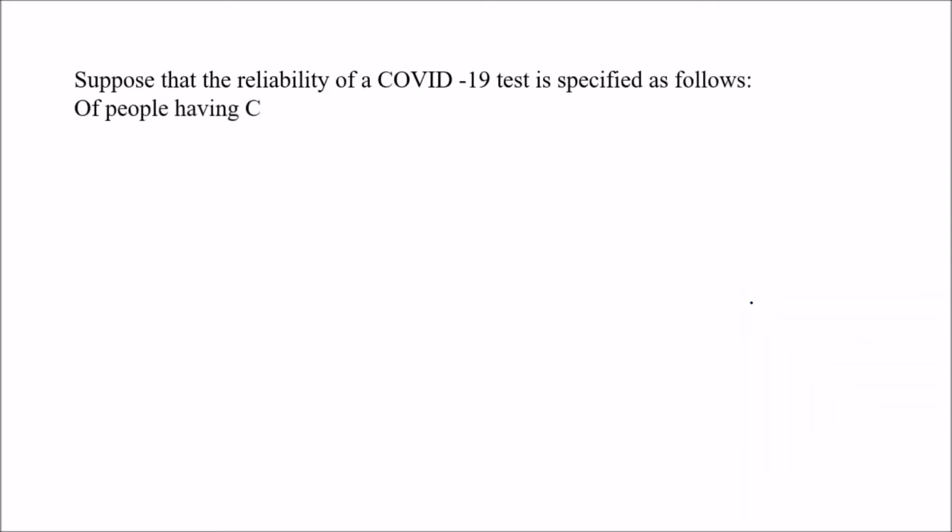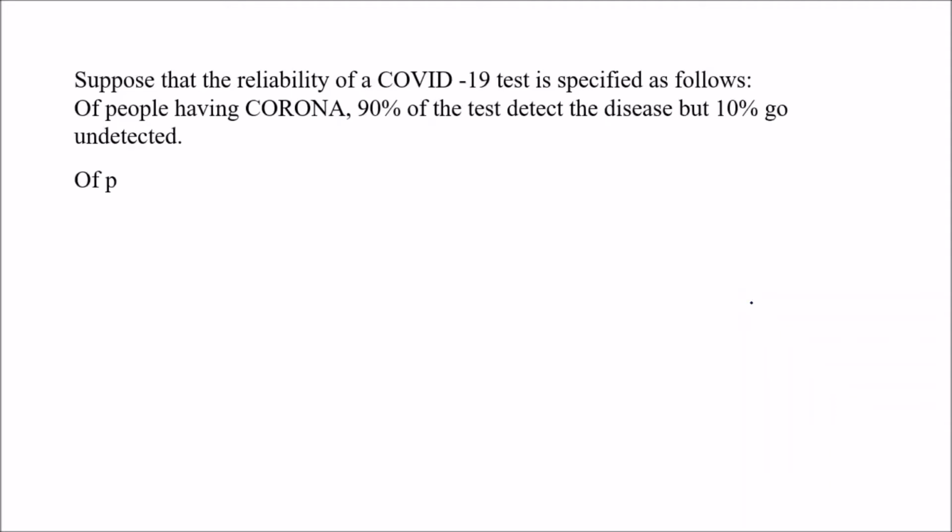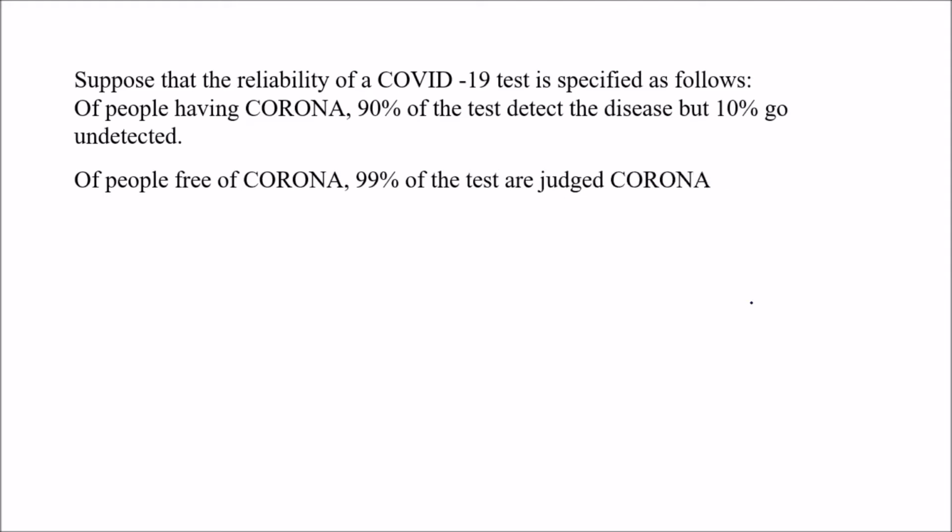Let me say again what the problem was. Suppose that the reliability of the COVID-19 test is specified as follows: of people having coronavirus, 90% of the tests detect the disease but 10% go undetected. Of people free of corona, 99% of tests are judged corona negative, whereas 1% are diagnosed as showing corona positive.